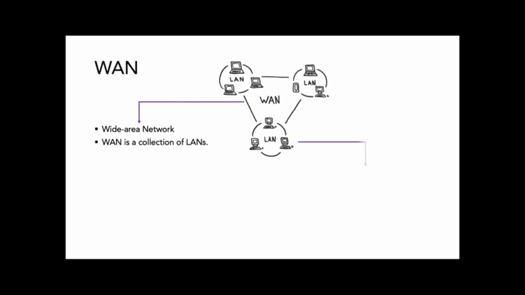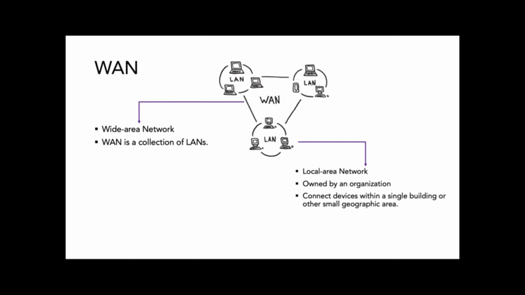In case you do not know what LANs are, LAN is also known as local area network. These are typically owned by an organization. They are used to connect local computers, peripherals, and other devices within a single building or other small geographical area.